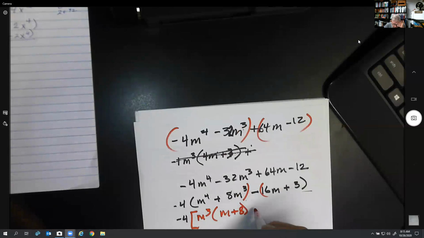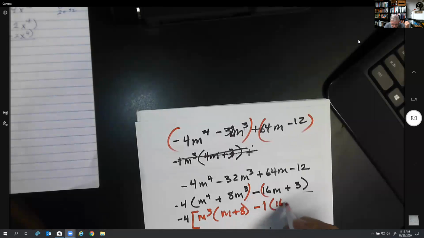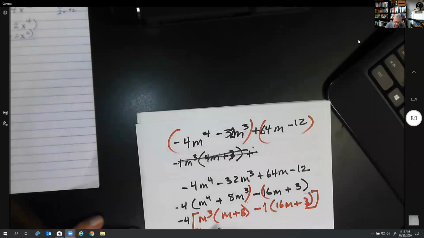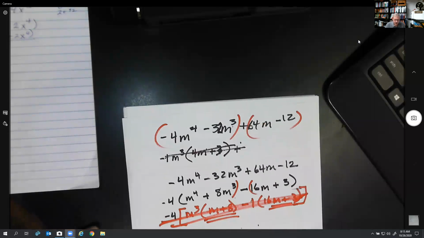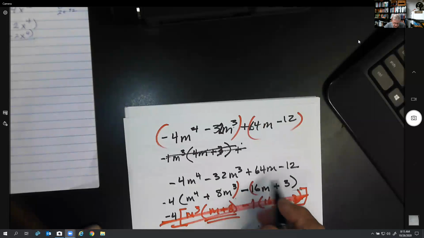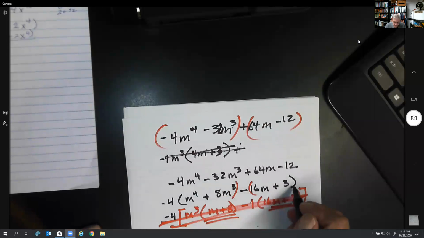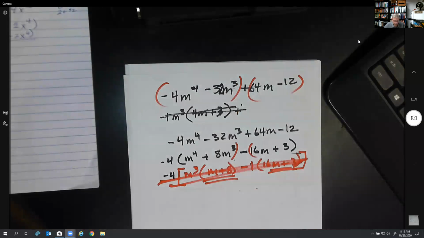And on this one, I could take out nothing, a 1, and I get 16M plus 3. So grouping doesn't help you unless both parentheses are the same. So this would be a problem where you don't want to really do grouping. You just want to do your regular parentheses like you had. Take out a -4.